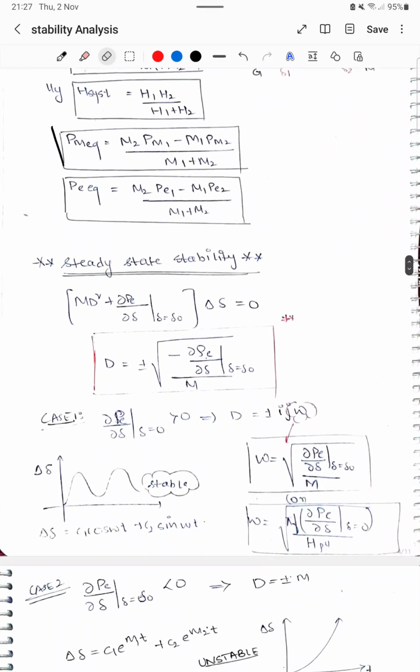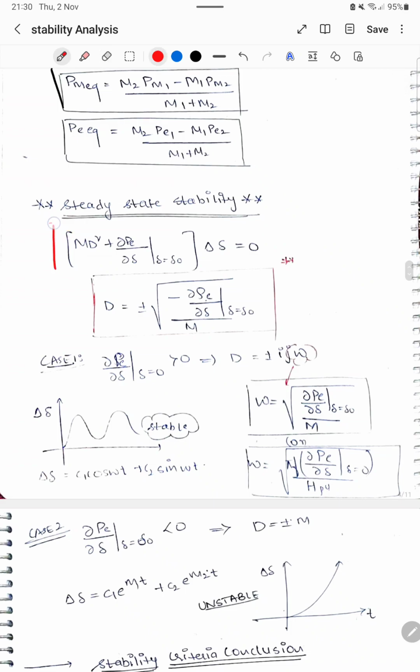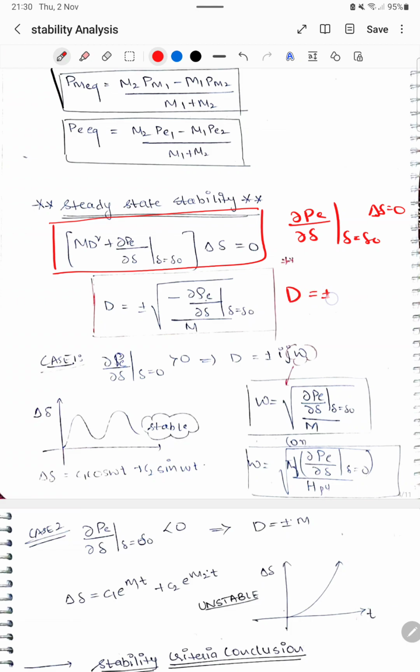Now we'll start with steady state stability. Okay, so starting with steady state stability, we have M d square plus del Pe upon del delta at delta equals delta naught into del delta equals 0. Fine. So we get d is nothing but plus or minus root of, that's the most important thing, what roots we are getting for this equation.